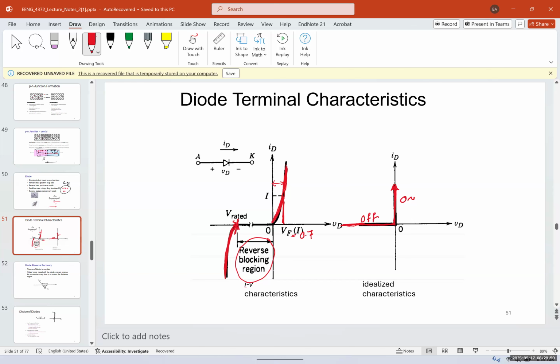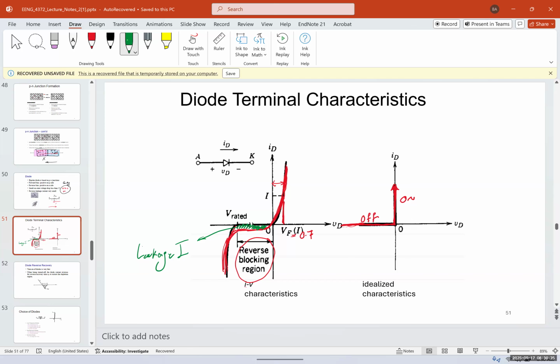And in a real diode, actually it looks like this. The current in the reverse bias is not actually zero. It's a little bit less, and the area under here is the leakage current.